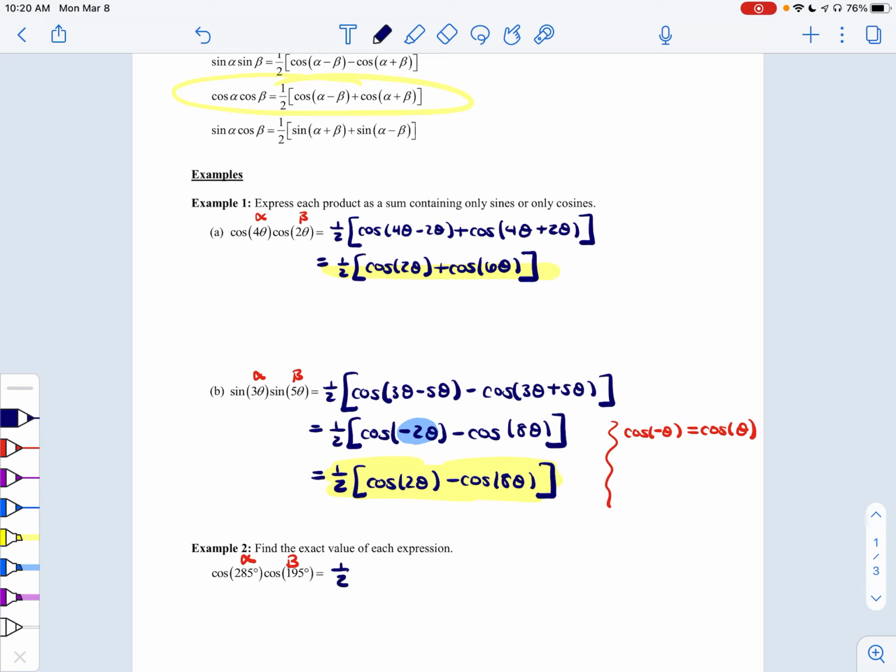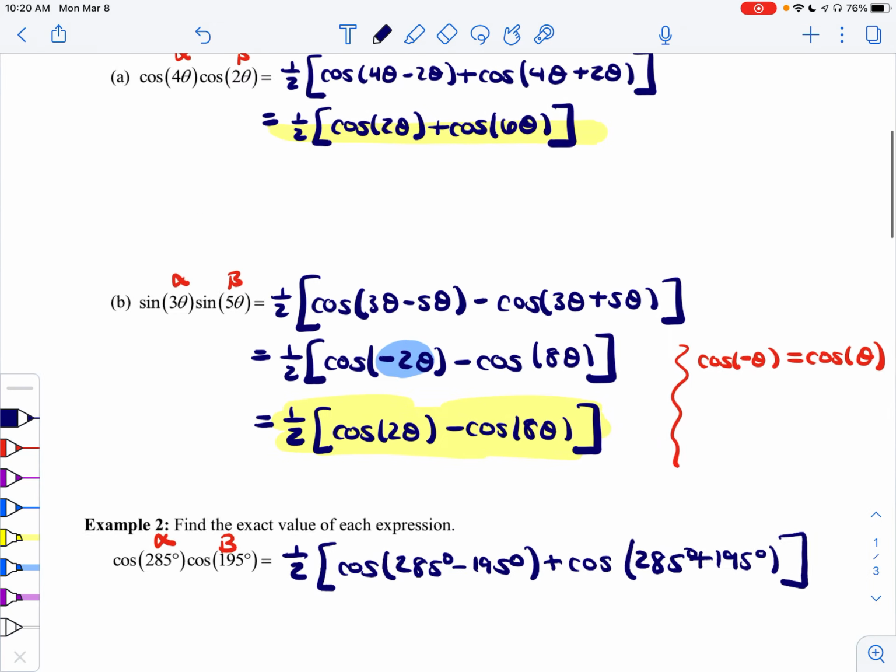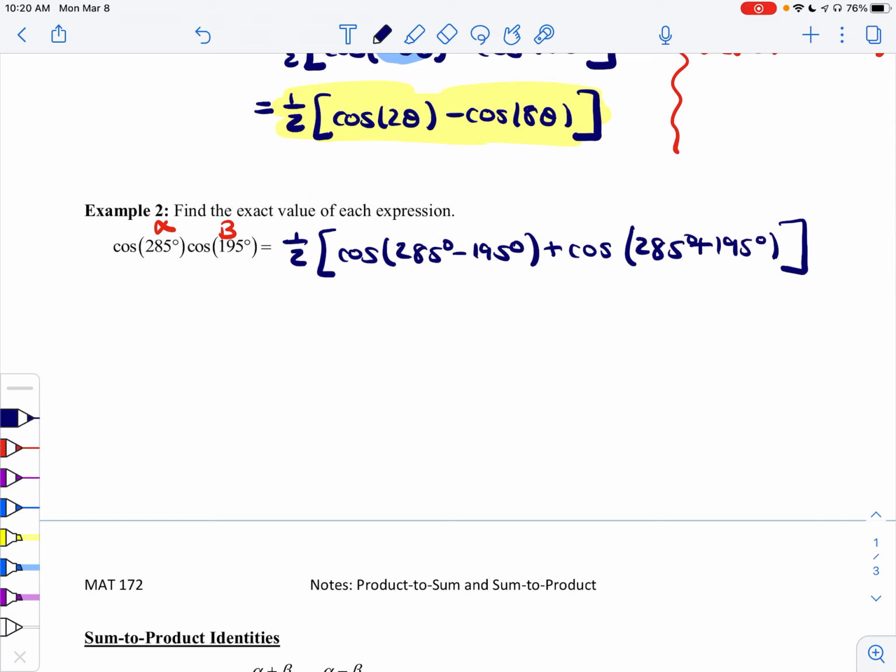And I'm simply going to plug them into the identity just like we did before. This is going to be 1/2 times the cosine of 285 minus 195 plus the cosine of 285 plus 195. Then just combine our like terms again.